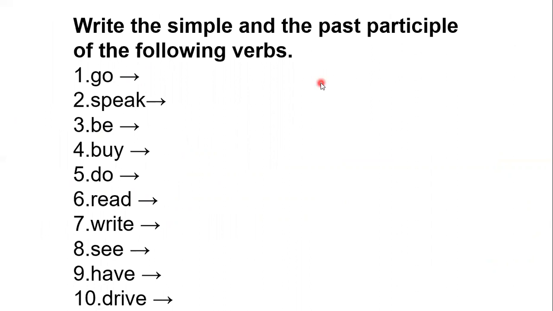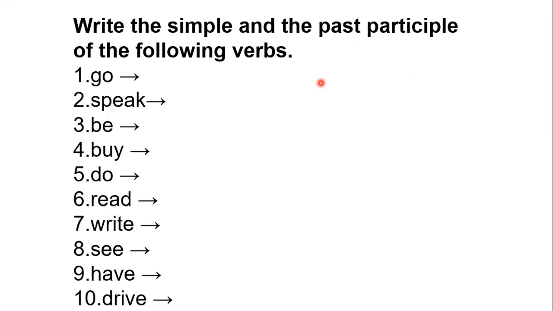So you're going to give me the past simple and the past participle of these 10 verbs. We have go, speak, be, buy, do, read, write, see, have, drive. Pause the video again. Start writing. Don't cheat, please. Okay? Just try to test what you already know. Bear in mind, we have used all these verbs during this lesson.